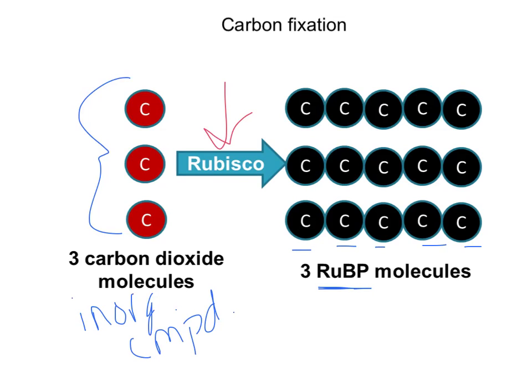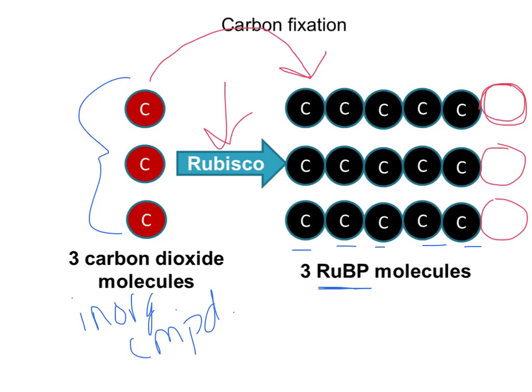So this is the carbon fixation process, where I'm adding carbons from my inorganic molecules to my RuBP. This is going to end up as 6-carbon molecules because I'm adding them together, and Rubisco is the enzyme that does this. Like I said, I'm going to end up with 3 molecules that are 6 carbons long.